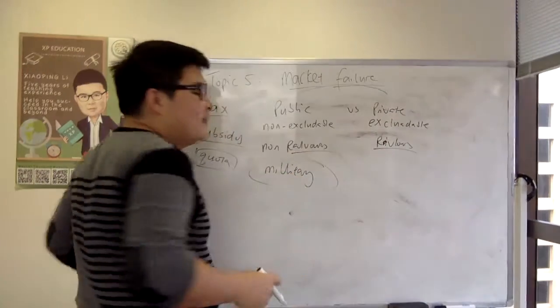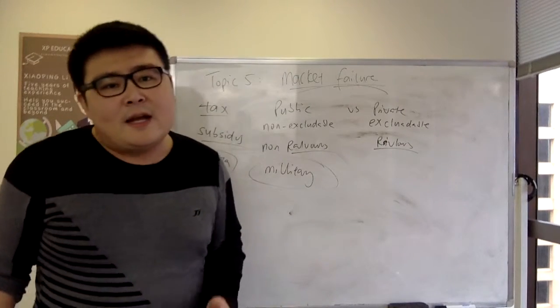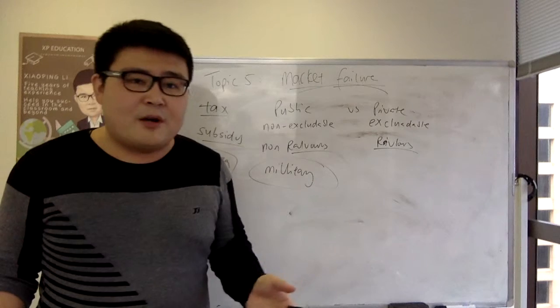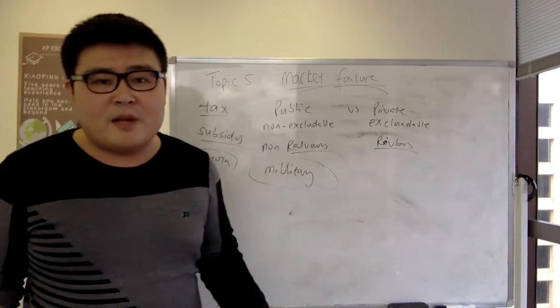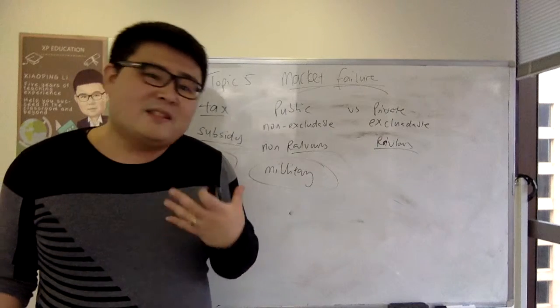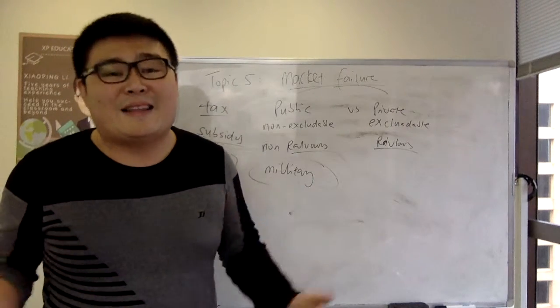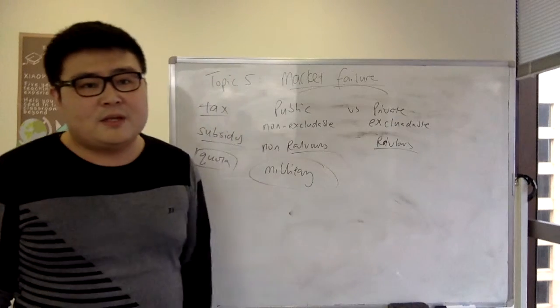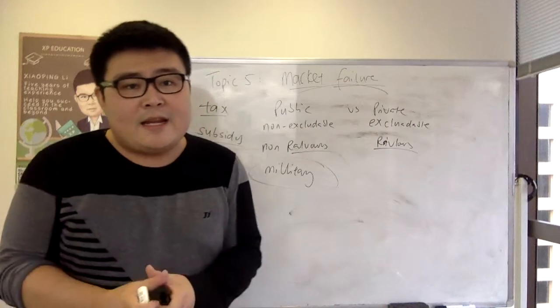So our defense system, right? If we are in Australia, you cannot exclude anybody in Australia from benefiting from the protection of the military, and of course, one's usage does not diminish the benefits for others using this military service because it is there as a public good to protect the overall society.